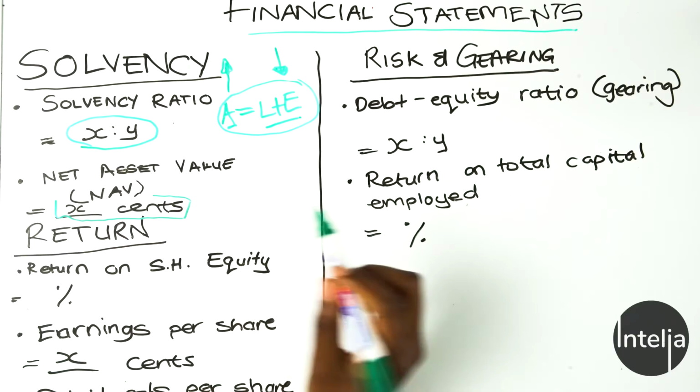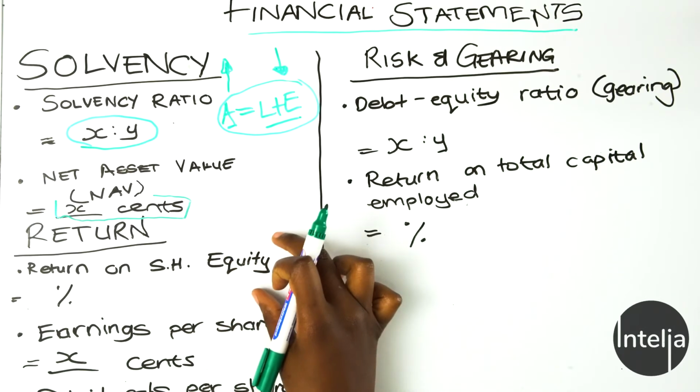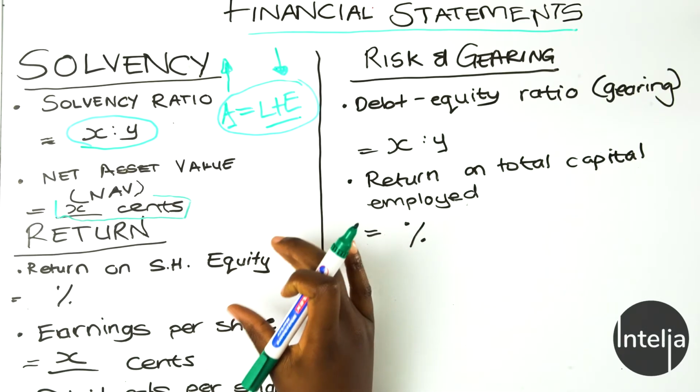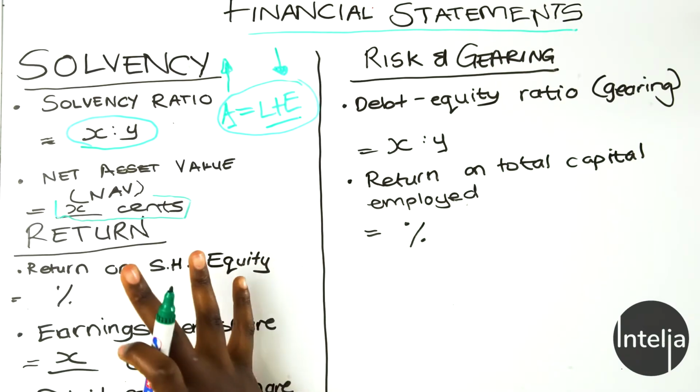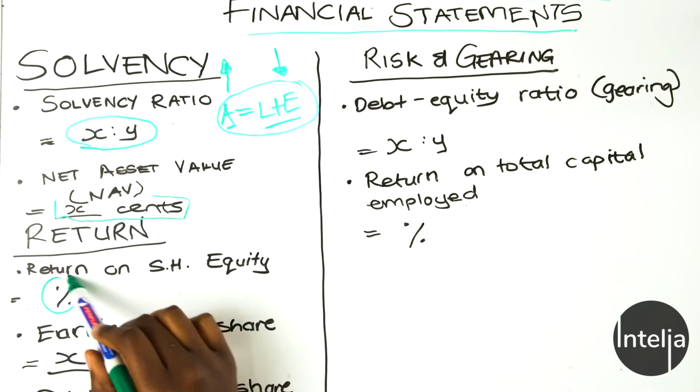So it answers all the questions that owners should have. Are we getting what we expected? Should I have put my money somewhere else, right? And you compare it to the returns achieved in other financial institutions. This is a measure you would use when they ask you if this investment was worth a specific shareholder's time or money, right? And it is in percentage.